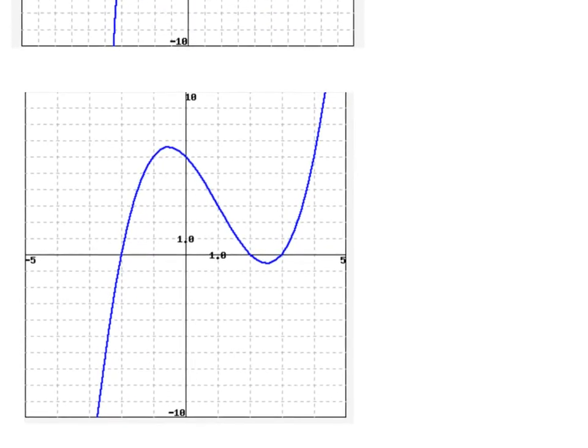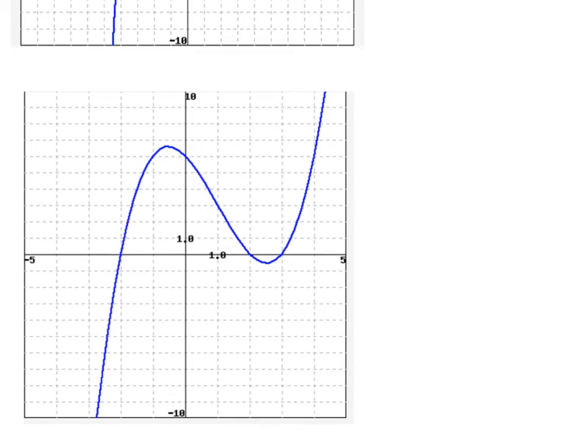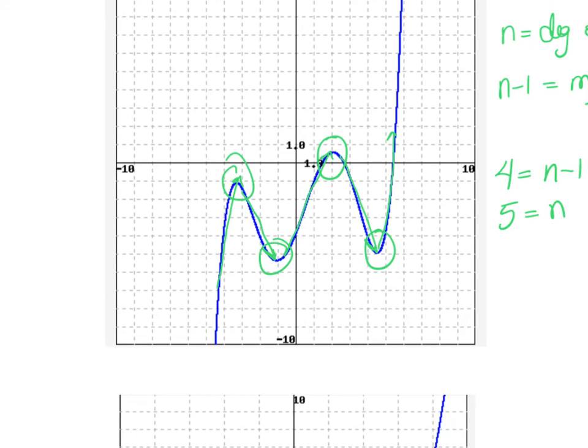Then on this one, we want a polynomial of the least degree described by this information. On the previous one, I didn't have nice x-intercepts. And this turning point is below the x-axis.